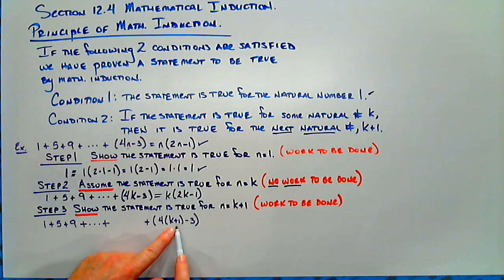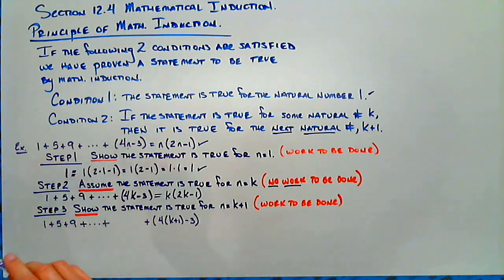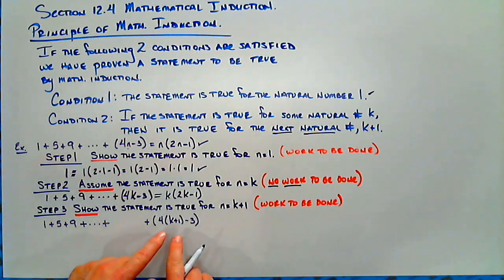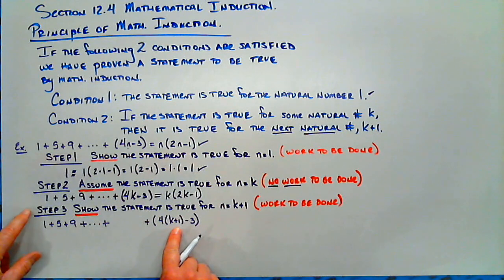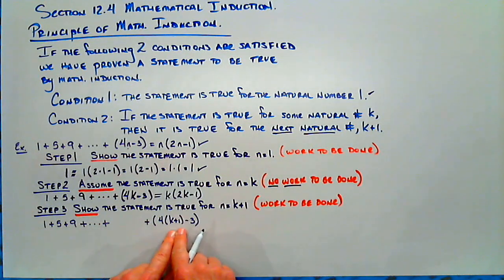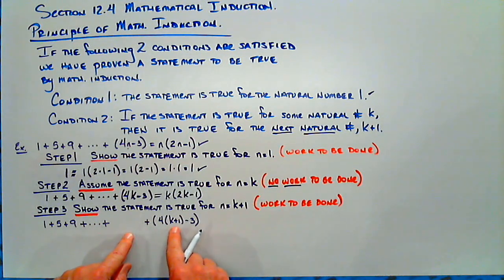But what's the important caveat, the important additional thing we need to remember here? The important additional piece of information we need to remember in step 3 is we want to write down the term that comes before the last one. Now, the term that comes before k plus 1 is the term that comes right next to it on the left. What term comes before the k plus 1 term?